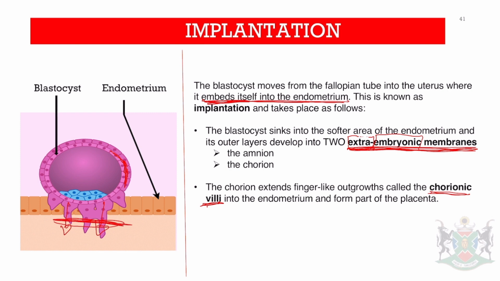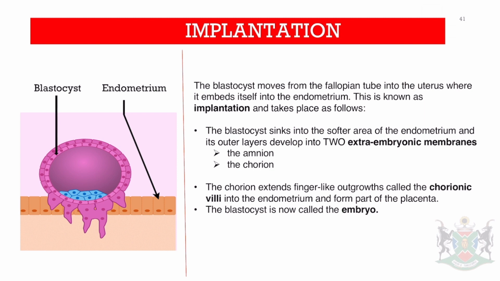So actually, the placenta is a combination of the endometrium, where the chorionic villi have embedded themselves. So both the chorionic villi and the endometrium form the placenta. That region of implantation is the placenta.